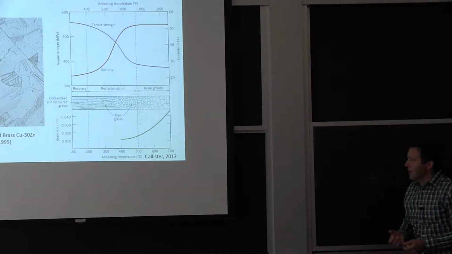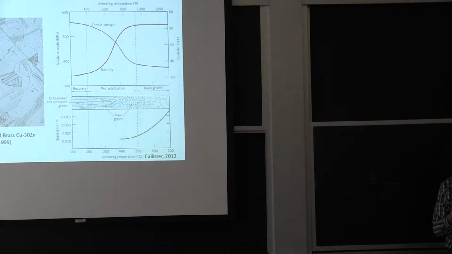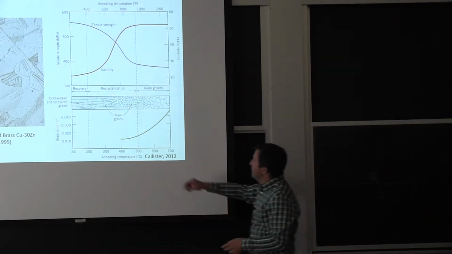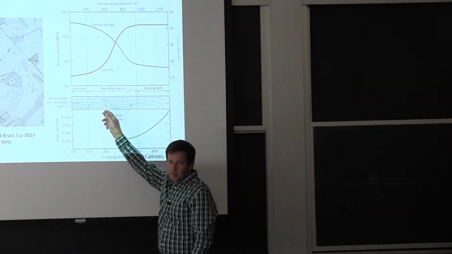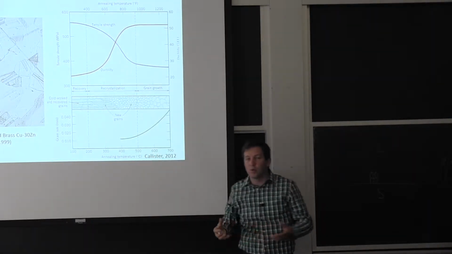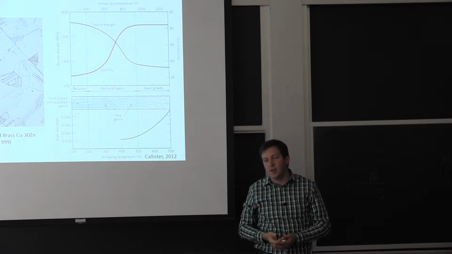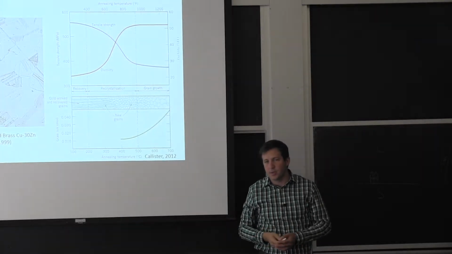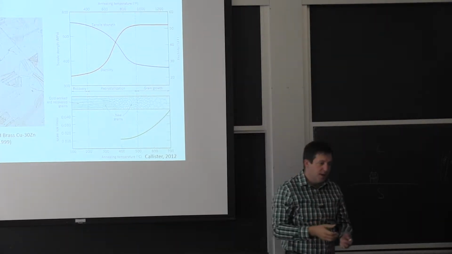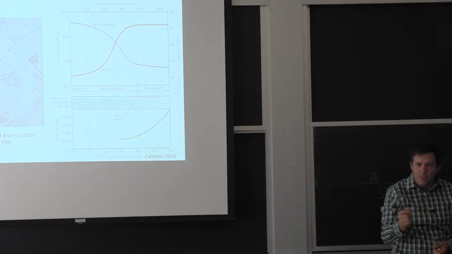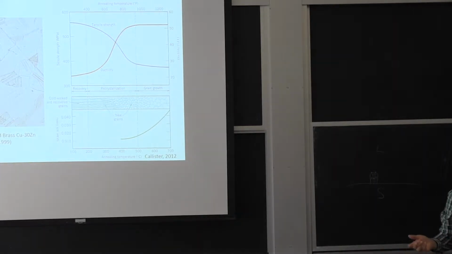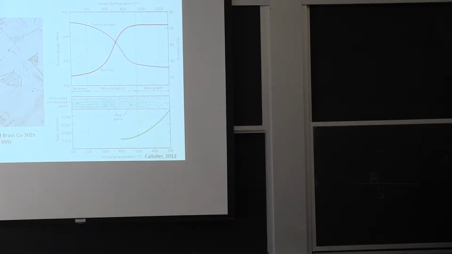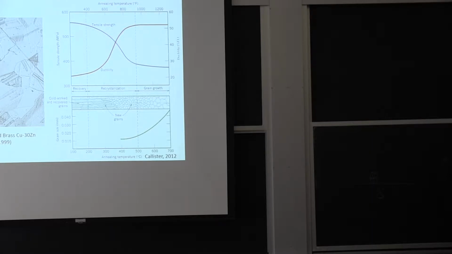If I manage to have very, very few of these initiation sites here, and then I heat up and they grow quickly, that's where I get the anomalous grain growth. If I can only allow for just a few to really pop and start, and then they continue to grow, that is the worst case scenario. So heating rate matters, and then of course the whole history of the process.